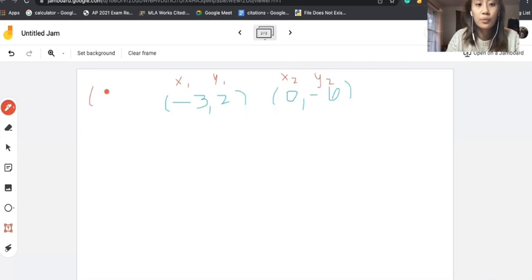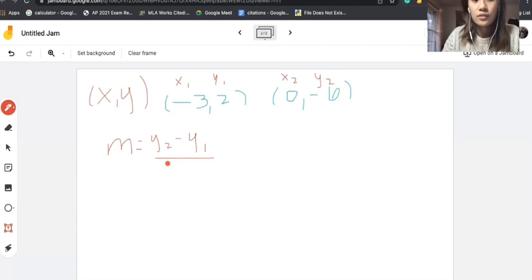Because we know that points are plotted x, y, but giving them subscripts helps us differentiate between x1 and x2 and y1 and y2. Okay, so because m equals y2 minus y1 over x2 minus x1, we can plug in our 2 points.